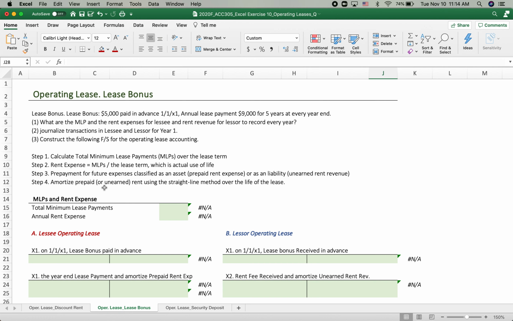So always the same procedure. Step 1, calculate the total minimum lease payments with the lease term, and we calculate the rent expense, the minimum lease payment divided by the lease term, which is the actual useful life.